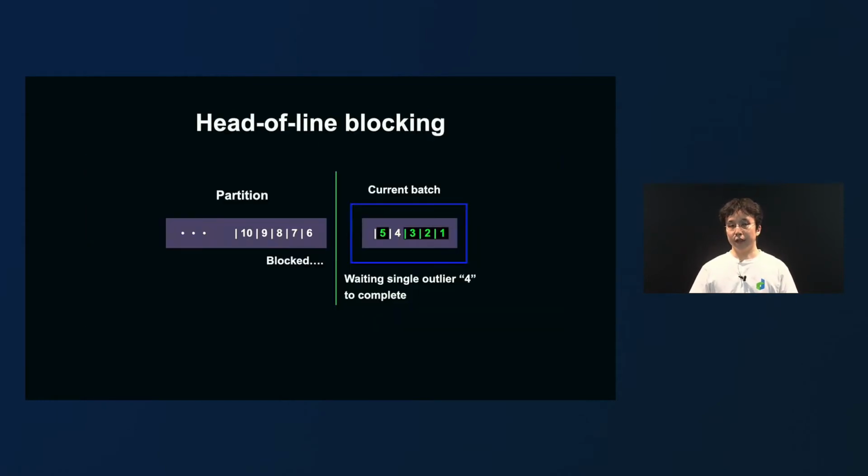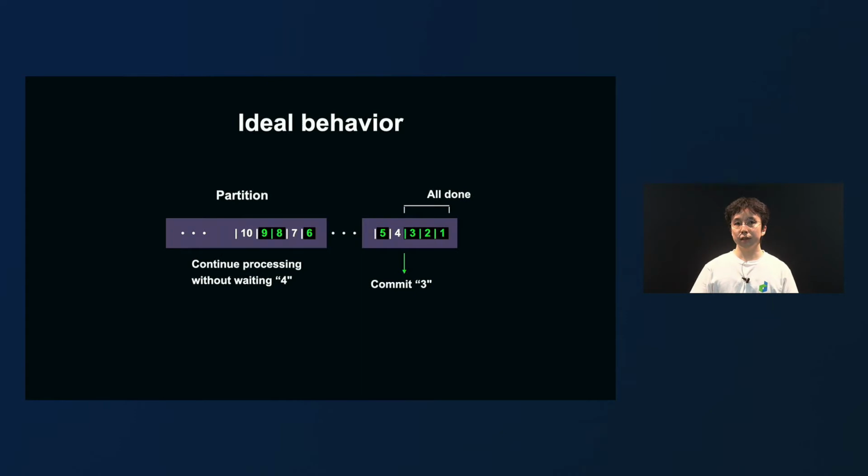But with this method, when a part of the tasks in the preceding batch take time, all proceeding processes will be blocked. This could be an issue. So this is head of line blocking. The tail latency of task processing could directly affect the delivery latency of all proceeding processes.